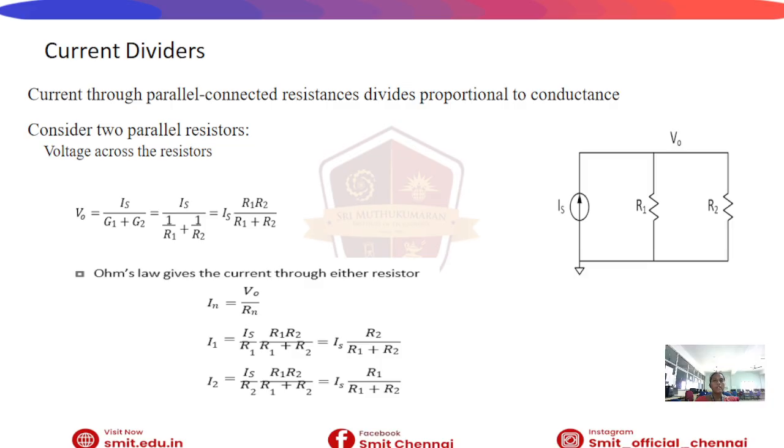That means the lower resistance carries more current, and the higher resistance carries less current. So the formula of the current division rule: the current through the particular resistor equals the total current into the opposite resistor divided by the sum of all resistors.